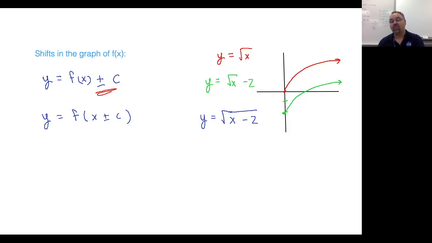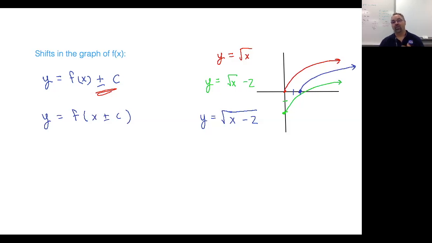So what has happened by subtracting 2 here from that 0 point? In order to get back to 0, what would x have to be? It would have to be positive 2, wouldn't it? And that's exactly the shift that has happened in my function. I've moved all the x coordinates to the right 2 places.